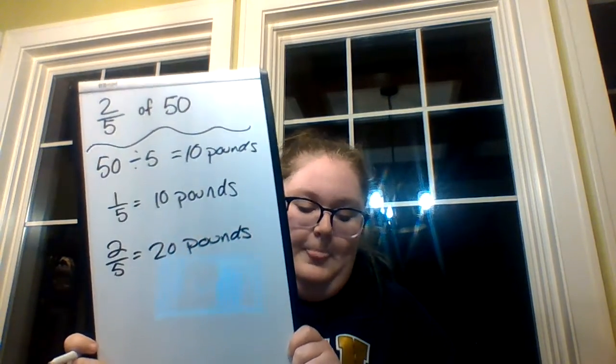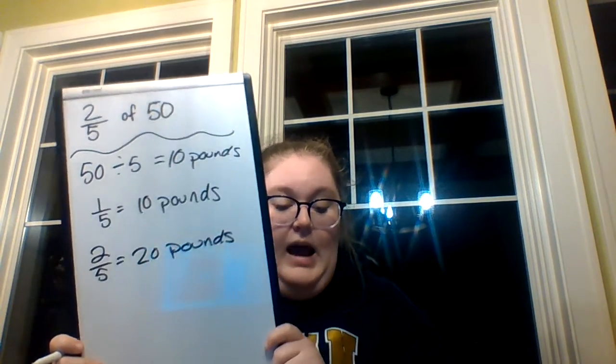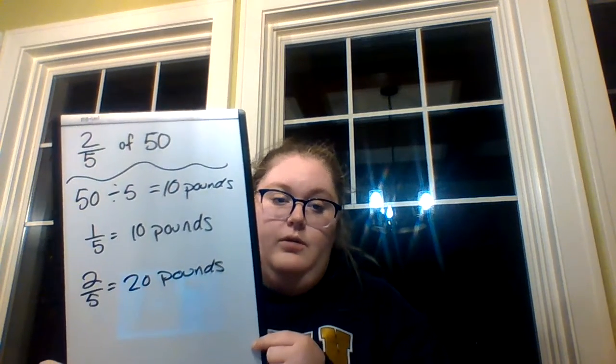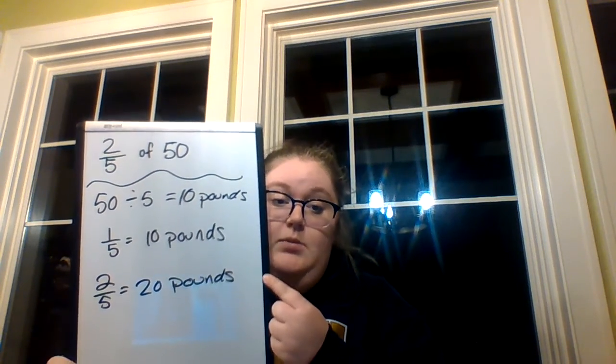And then we have to take 2/5. So each fifth is 10 pounds, and we need 2/5. So that means if 1/5 equals 10 pounds, then 2/5 equals 20 pounds. Okay? So when it asks, how much did the rock weigh on Mars?